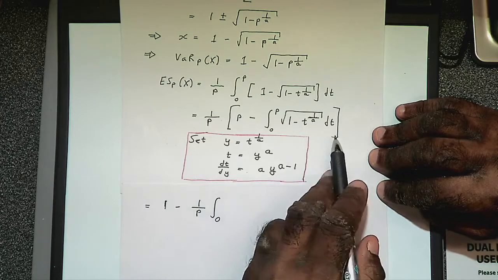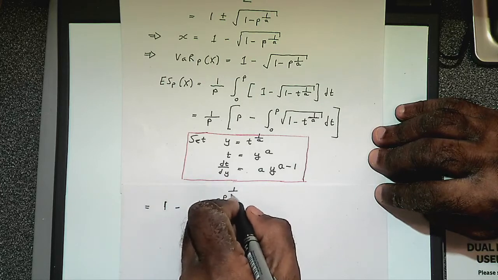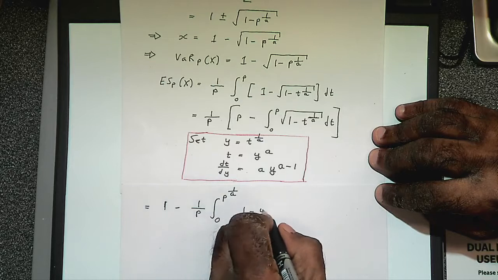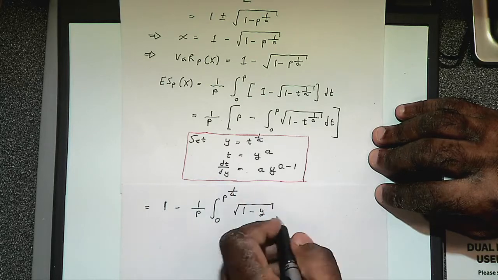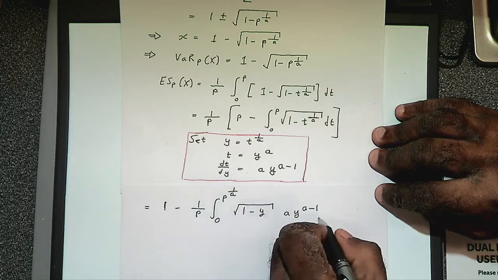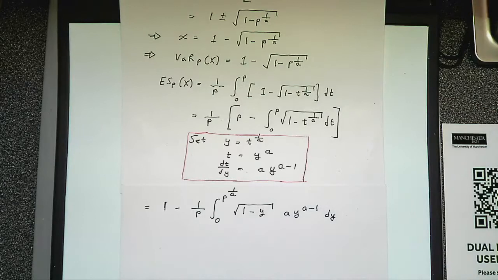When t is equal to p, y will be this. Okay? So this becomes this. And dt is a times y to the power a minus 1 dy. You follow me, right? Okay.